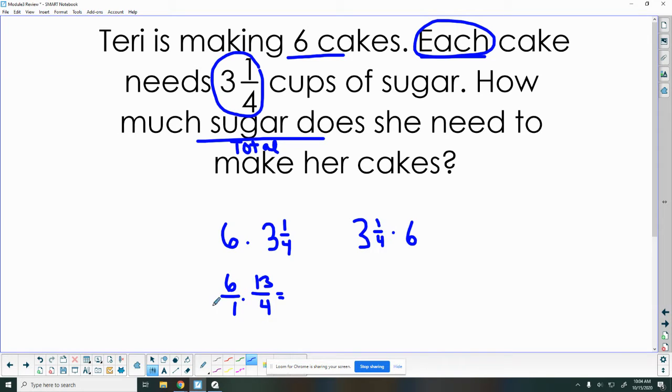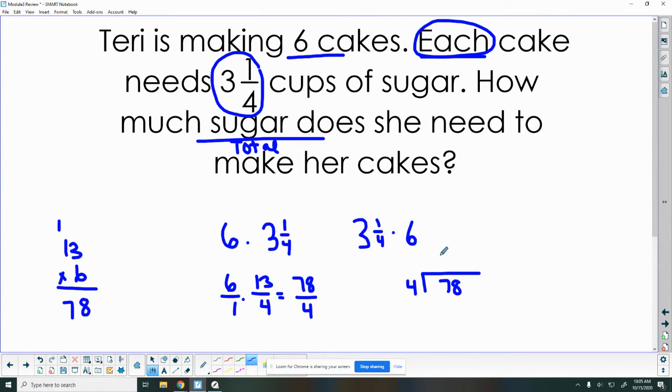So we can't use the reciprocal here because we're not dividing. So I need to do 13 times 6. So pause and see if you can do that. So there's 18, 6, 7. So we have 78 over 4. And now I need to see how many times 78 is divisible by 4.